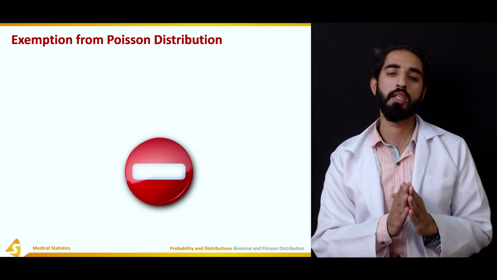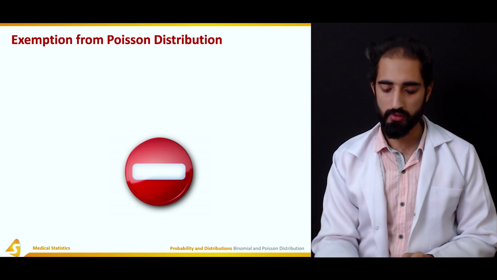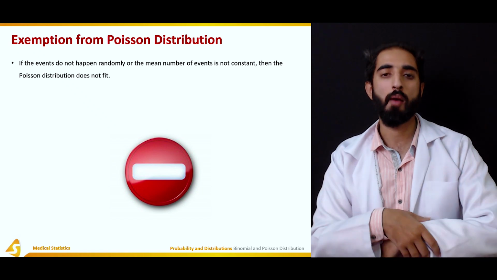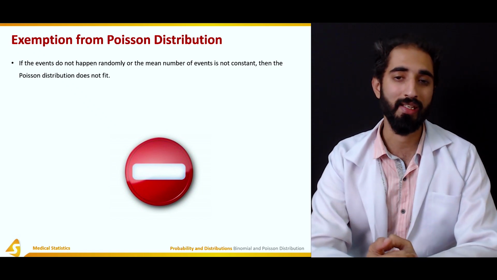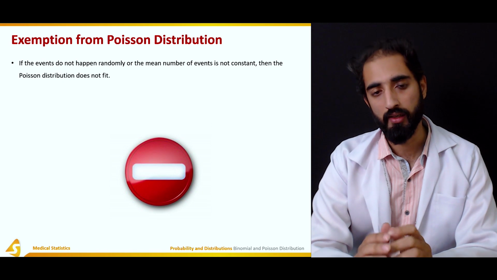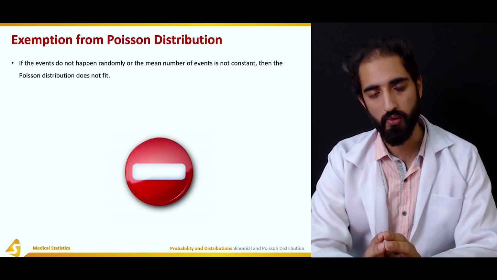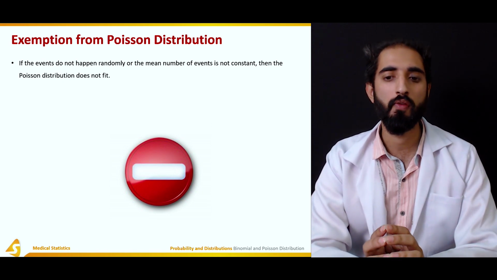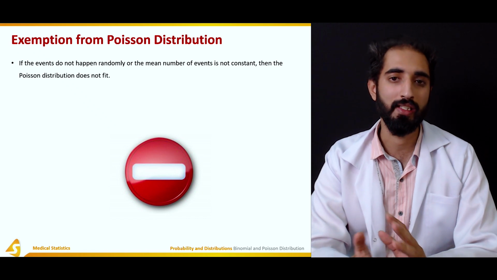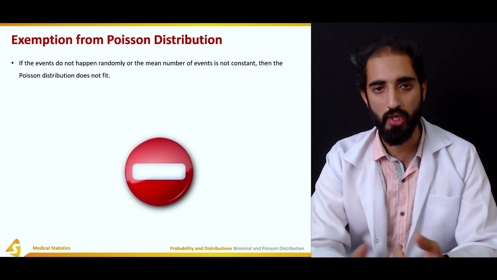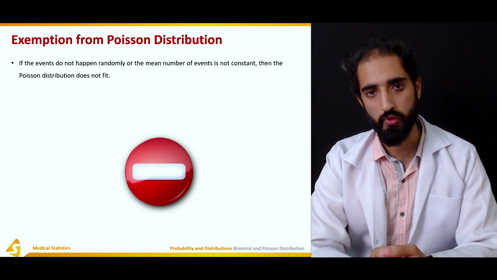So when is there an exception for the Poisson distribution? If the events do not happen randomly and are occurring systematically, the Poisson distribution does not remain valid. Or if the mean number of events is not constant and keeps changing, then once again the Poisson distribution is not valid, because it depends on the mean.